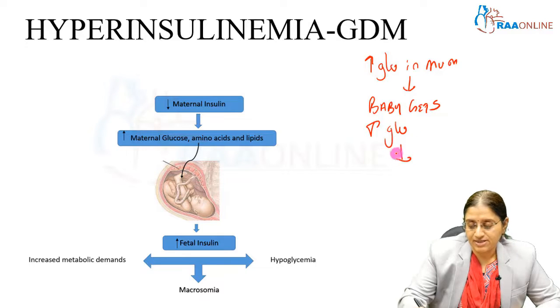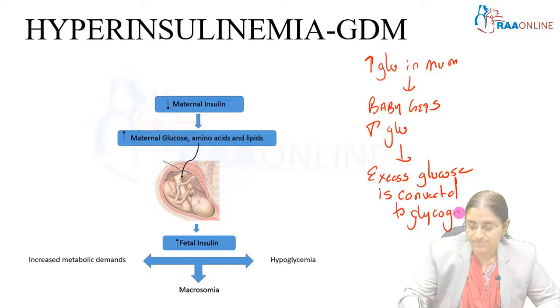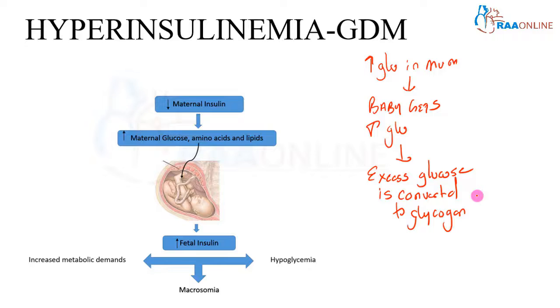Because the baby gets increased glucose, excess glucose is converted to glycogen. Okay, this is done with the help of insulin. Since there is already excess glucose, the insulin in the fetus also increases.